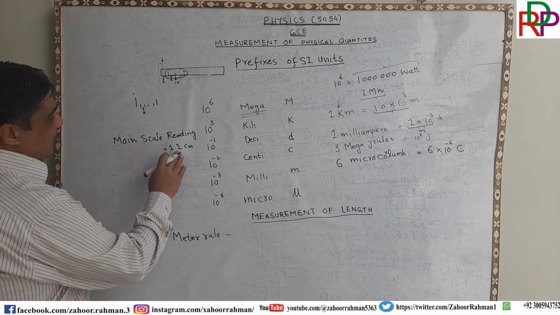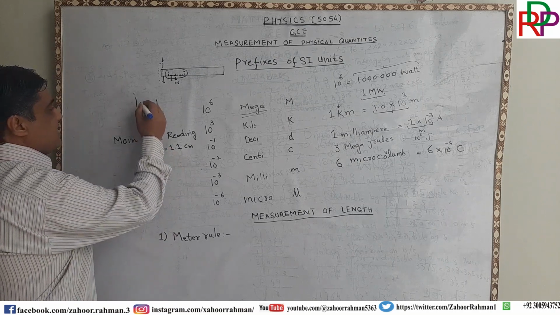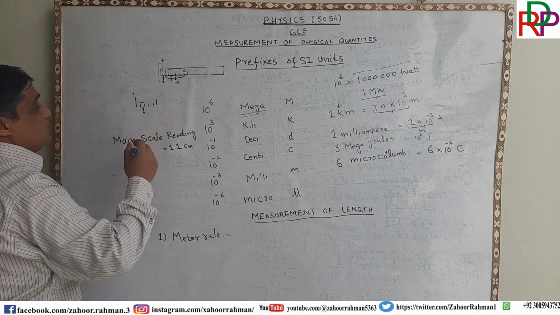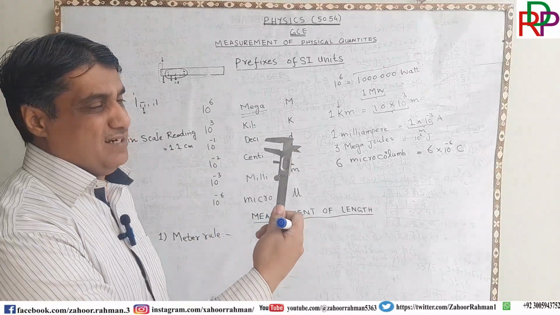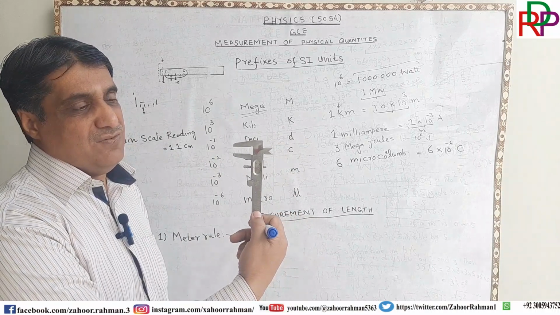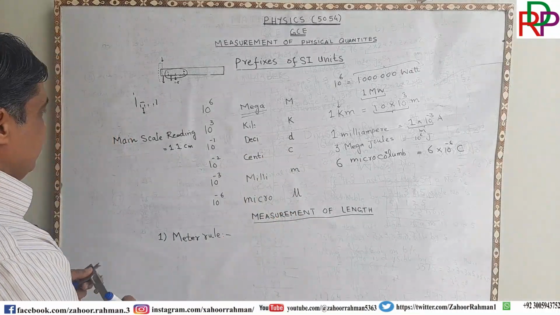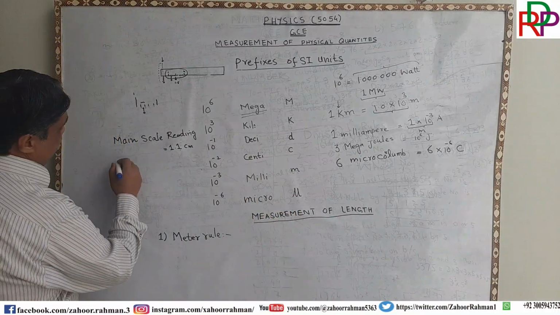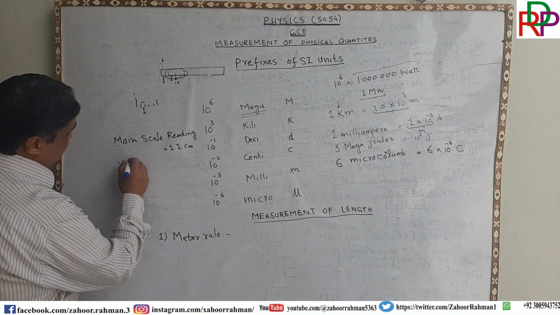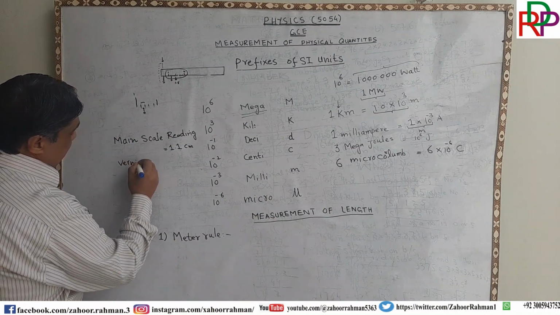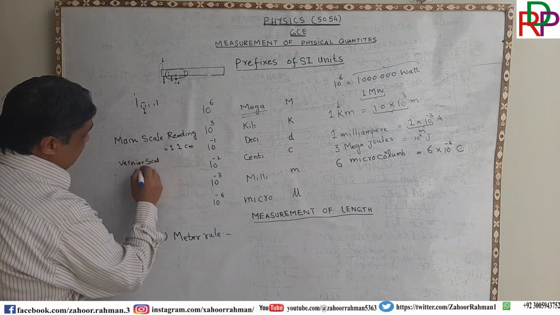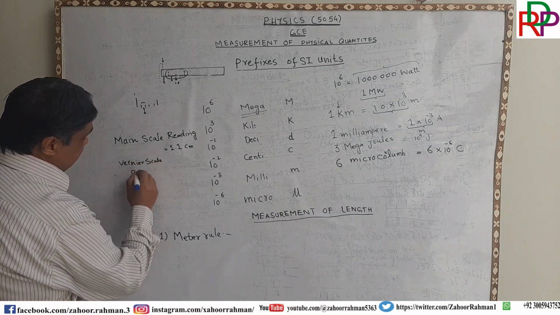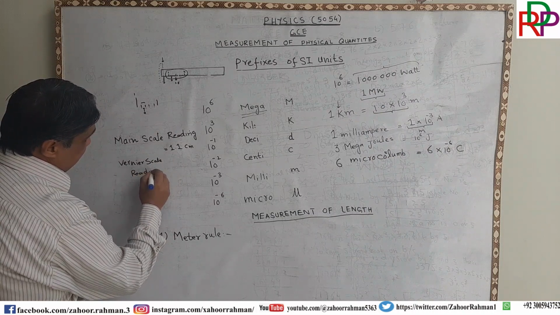So when we are taking this, what about this area? We are going to find this through this instrument which is called the vernier caliper. So then we have to see the vernier scale reading.